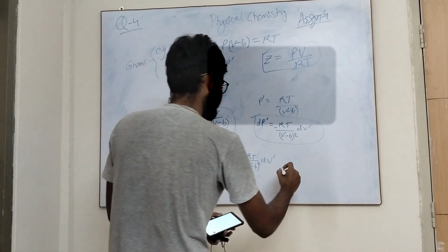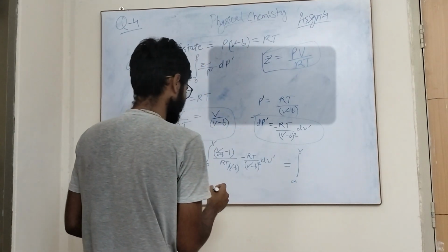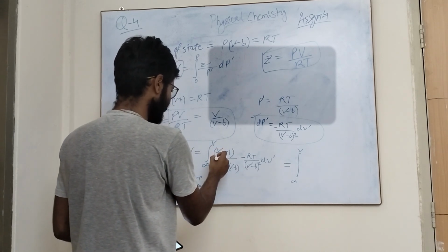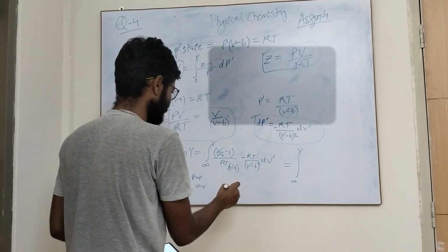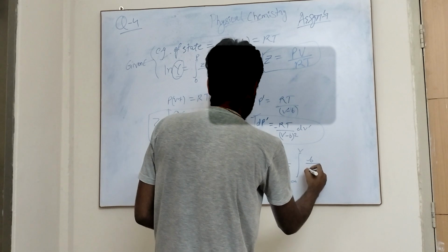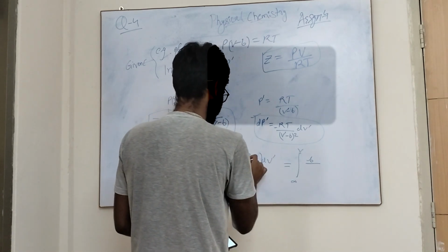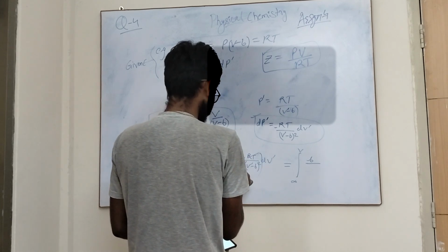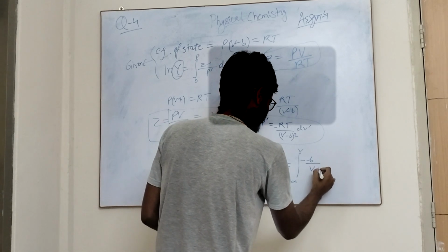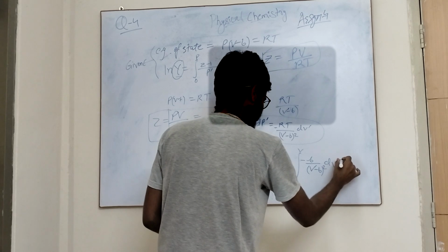Integrate it from infinity to V. V dash minus B will get cancelled. This will be B by RT, and RT will get cancelled, leaving B by (V dash minus B) square dV dash.